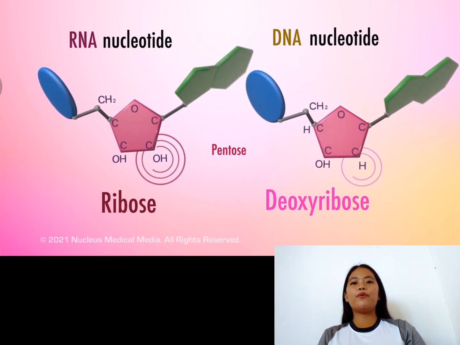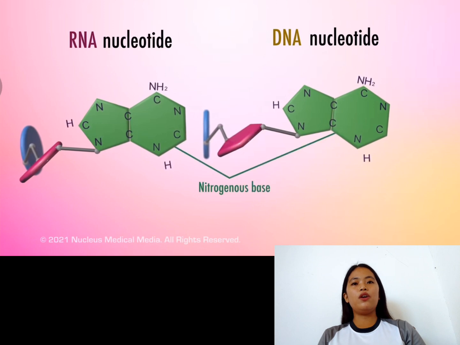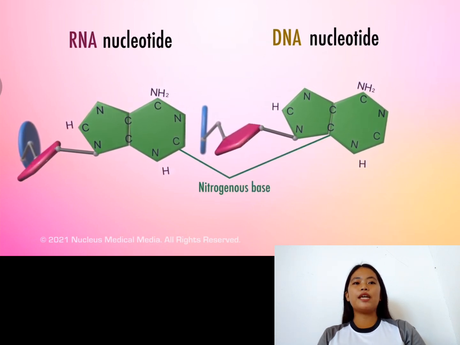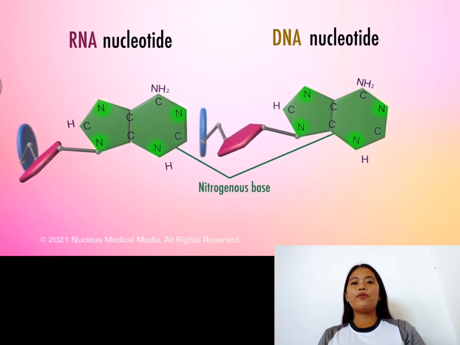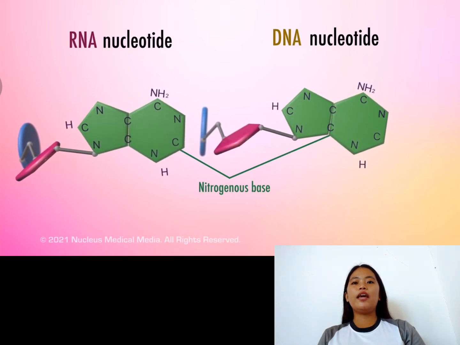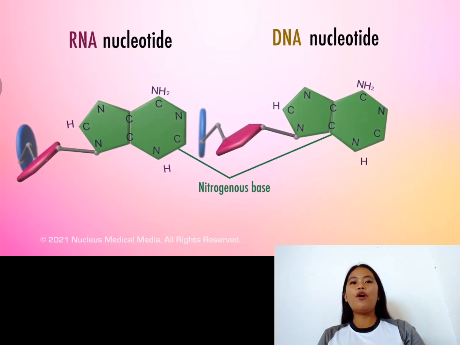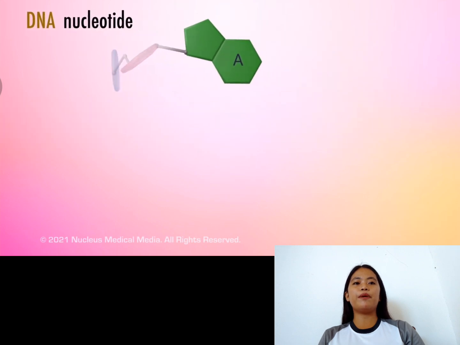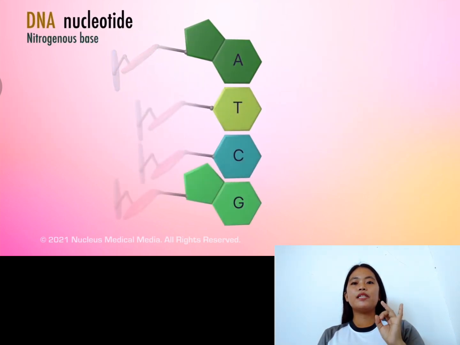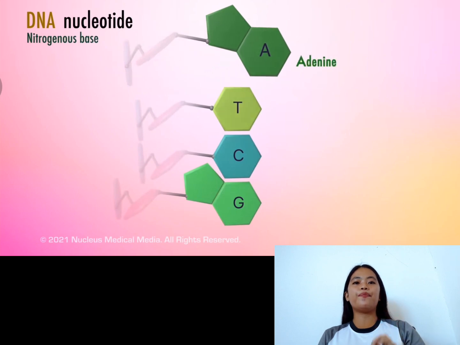The third compound in nucleotides is a weak base that always contains nitrogen. For this reason, this compound is referred to as a nitrogenous base. The nucleotides in DNA contain one of 4 possible nitrogenous bases. They are called adenine, thymine, cytosine, and guanine.